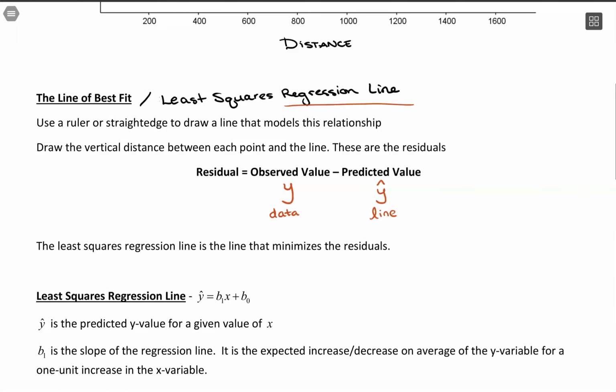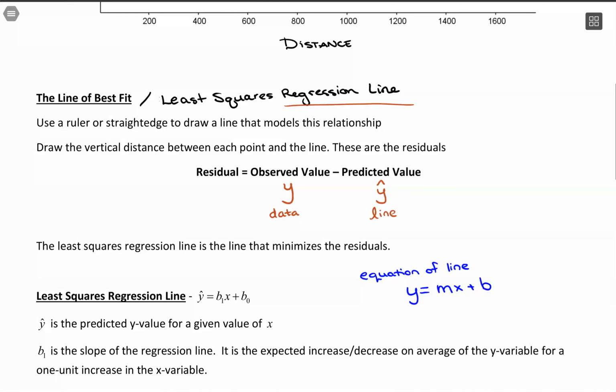From there, let's go ahead and talk about the equation for the line, because we'll need this equation in order to look at these predicted values. So from algebra, if you remember the equation of a line, in algebra we describe it as y equals mx plus b.